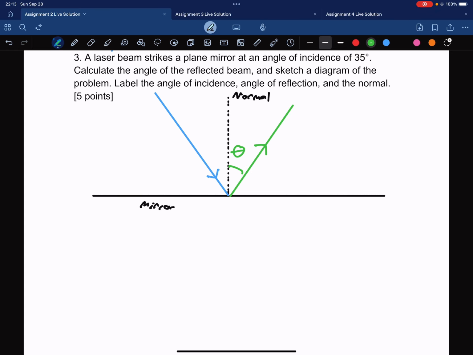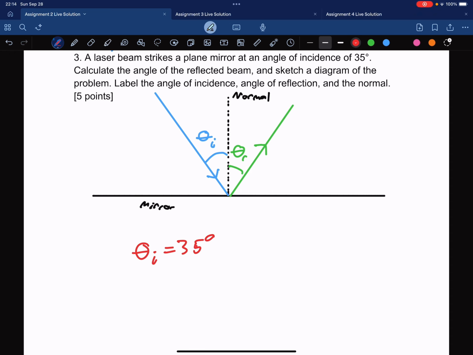So theta R for reflected ray, theta I for incident ray. Angle of incidence, angle of reflection, and normal are all labeled in my diagram. We know that the angle of incidence equals 35 degrees.